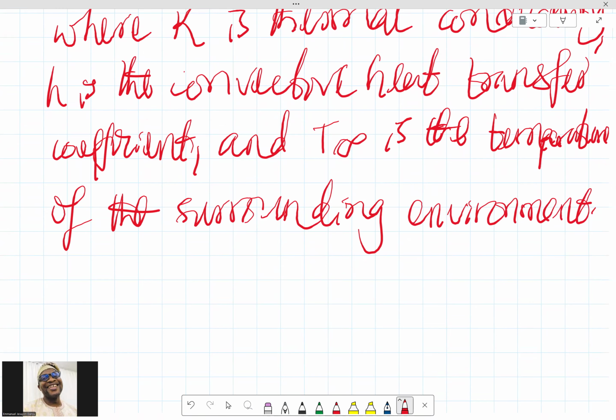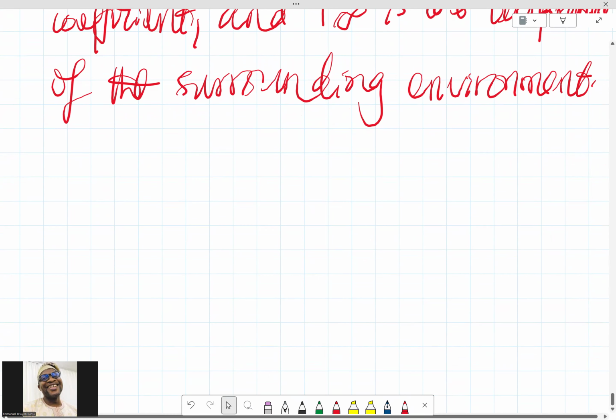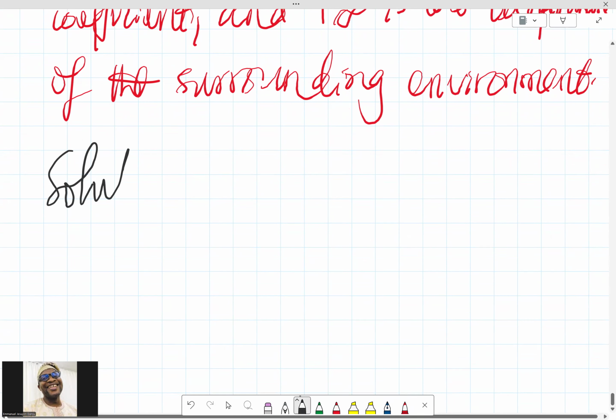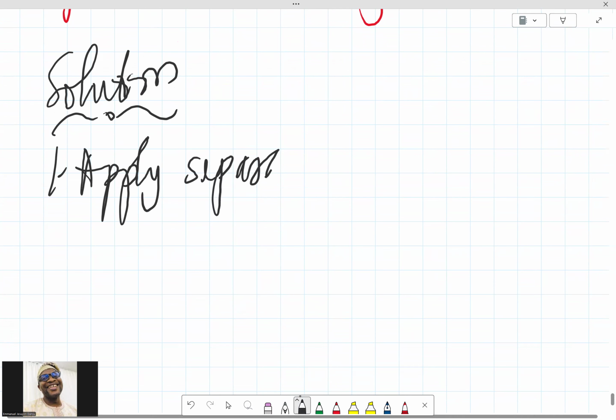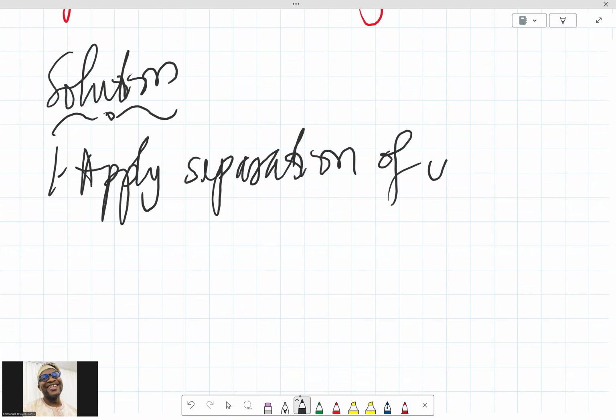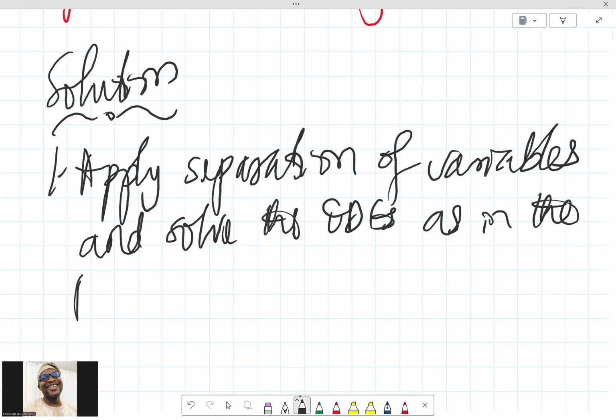Okay. So with this, I'm just going to say general stuff here. To get the solution, I won't be explicit. I'll just give some directions as we have already seen a lot of examples. So we apply separation of variables and solve the ODEs as in the previous examples.